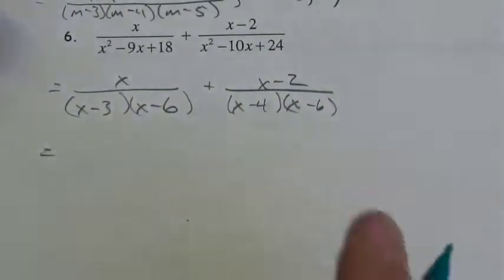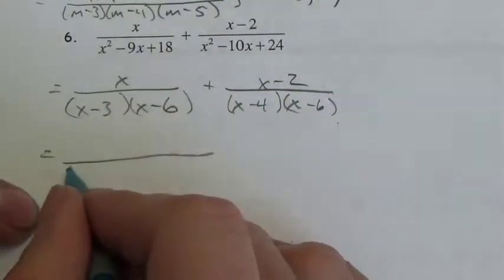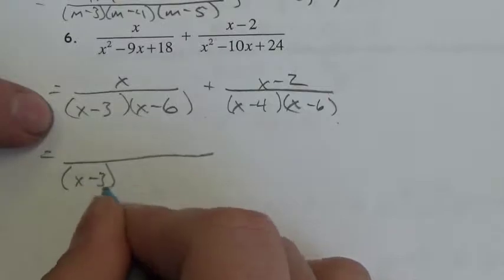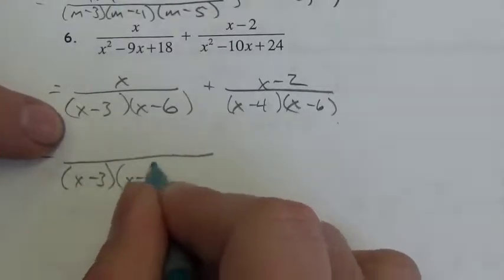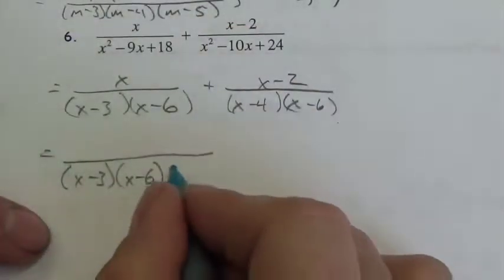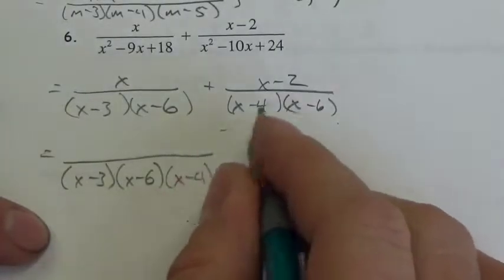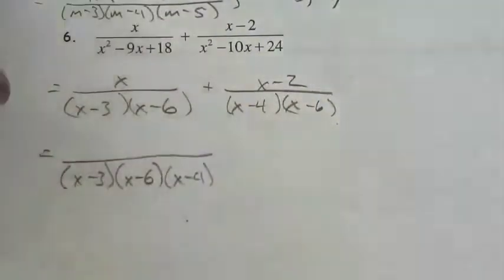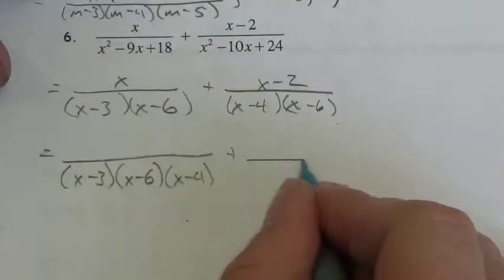Okay, so my common denominator has got to have the factor x minus 3 in it. It's got to have x minus 6 in it. That's shared by both of those. But it's also got to have that factor x minus 4 that was left over here. So that's my common denominator. It's going to show up in both.